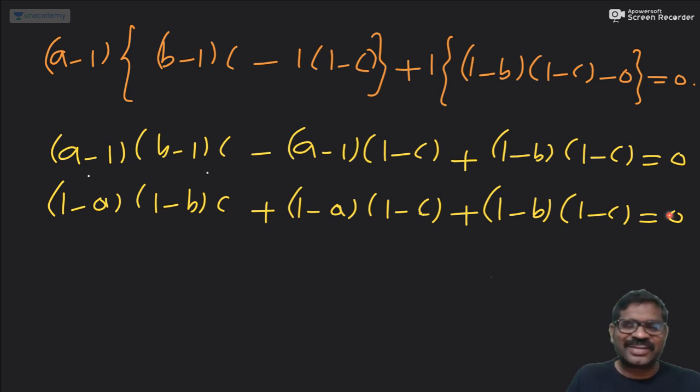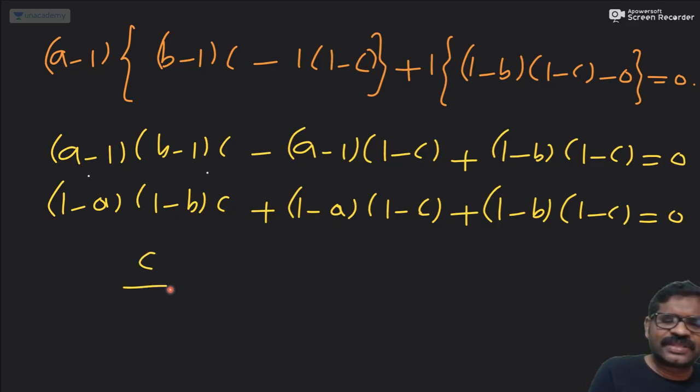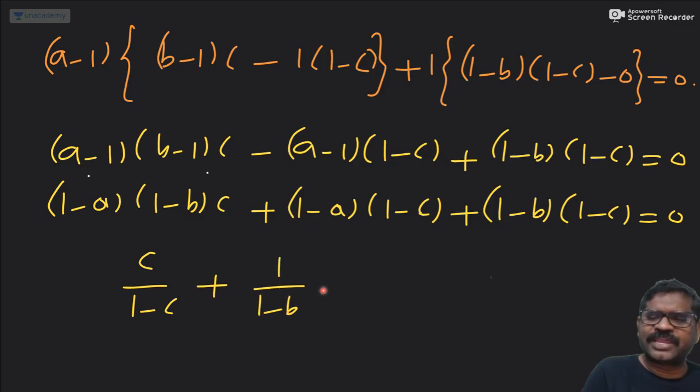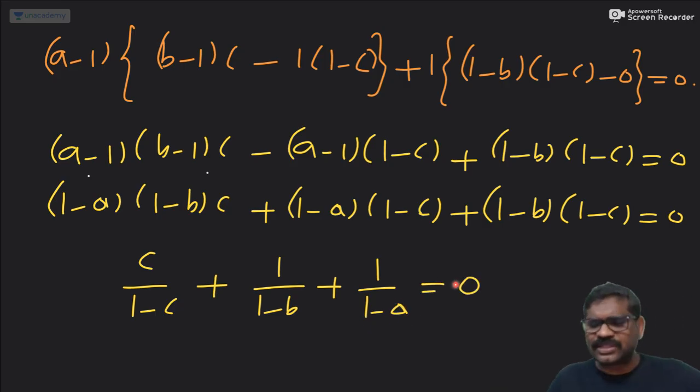Now divide throughout the equation by 1 minus a into 1 minus b into 1 minus c. Then you will get c by 1 minus c plus 1 by 1 minus b plus 1 by 1 minus a equal to 0. Do one thing. 1 by 1 minus a plus 1 by 1 minus b is there, but 1 by 1 minus c is not there.